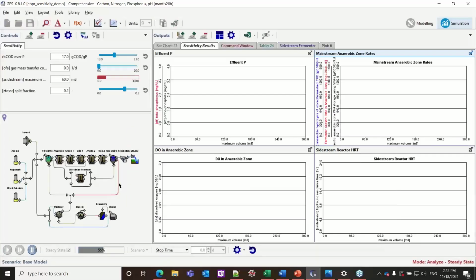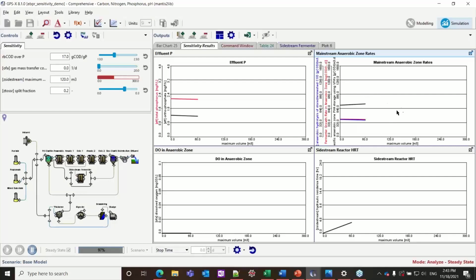And while this runs, I'll just explain the graphs I have here. First, I have the effluent phosphorus graph. It's fairly self-explanatory: the total phosphorus and the orthophosphate are displayed on this figure. Then here I have some of the mainstream anaerobic zone rates. This is actually showing some of the things that Spencer was showing in those Mantis 2 rate menus.